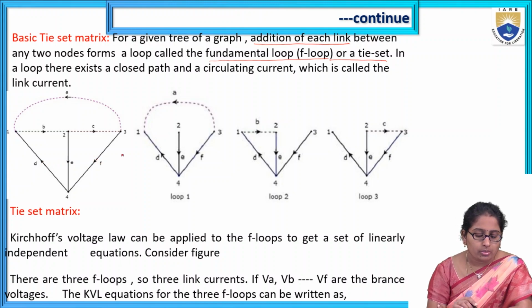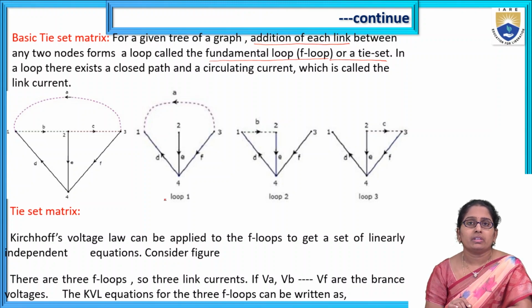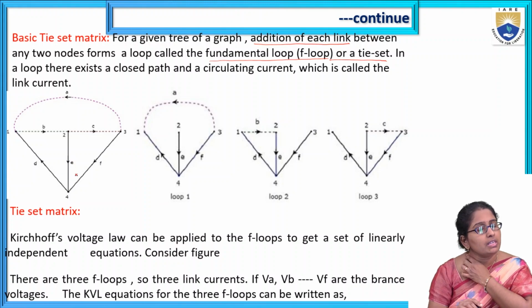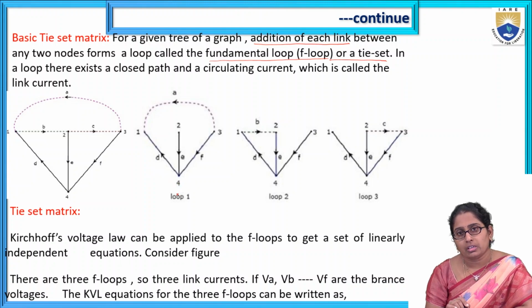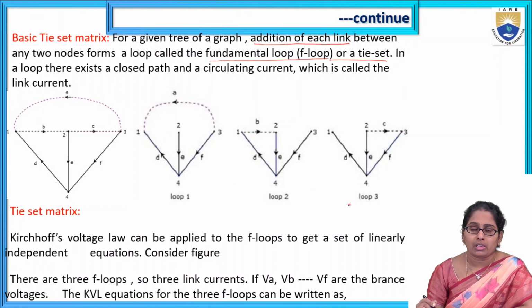To form the tie sets, the fundamental loops, for this example you can see we can get three loops, three tie sets: loop 1, loop 2, loop 3, that is tie set 1, tie set 2, tie set 3.